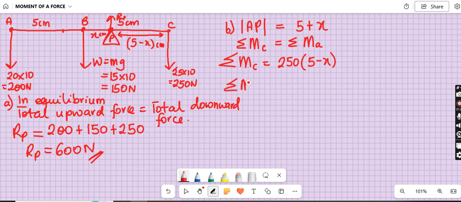Now what about the sum of anti-clockwise moments?